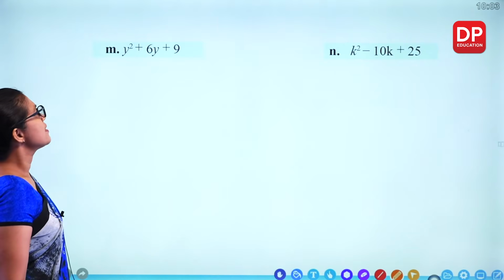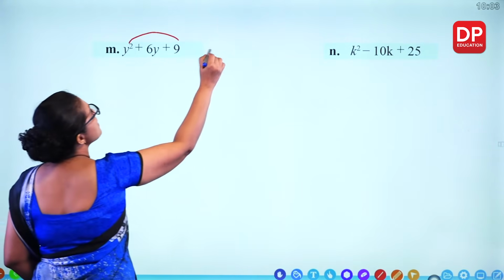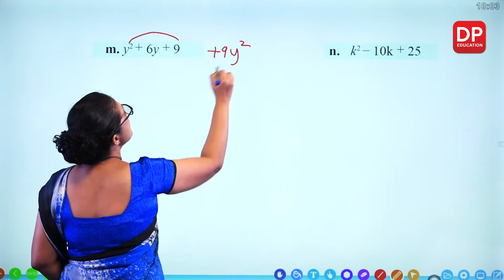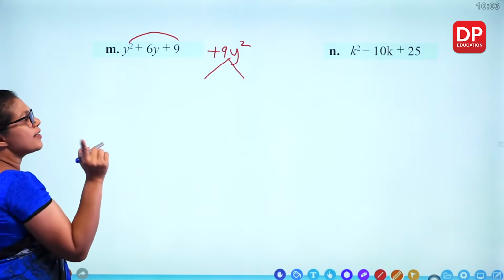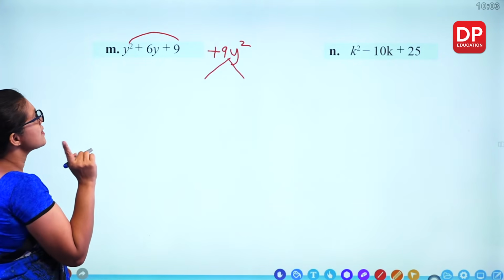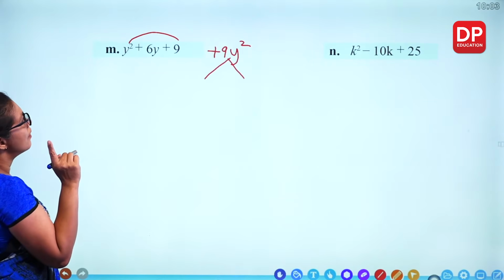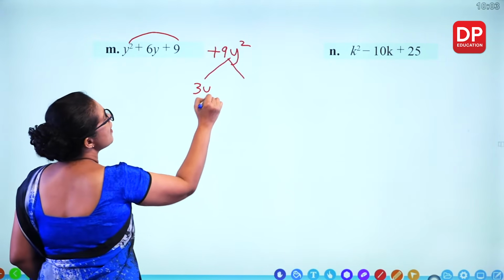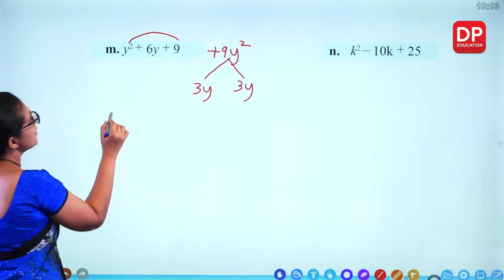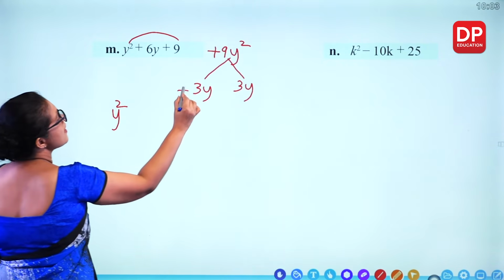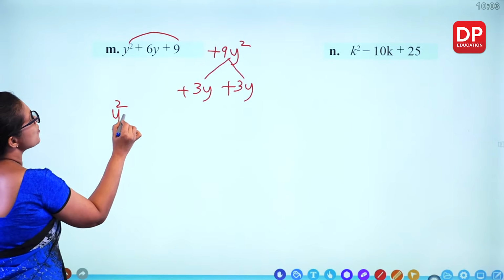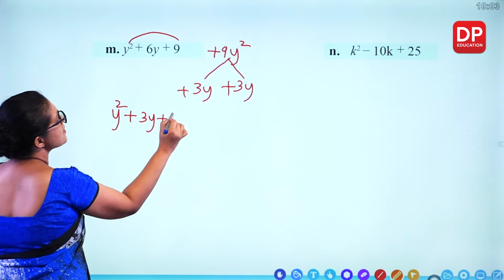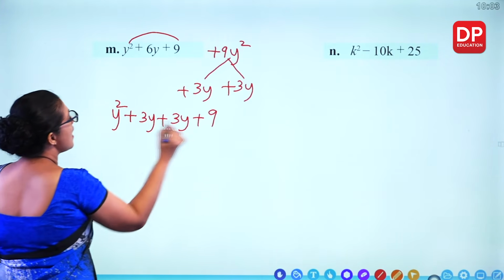This one both positive. So that's easy. Plus 9y squared, that means addition. When you add the factors, you are getting plus 6. What are the factors? 3 and 3. So you get 3y and 3y. So y squared is plus, both pluses. Y squared plus 3y plus 3y plus 9.